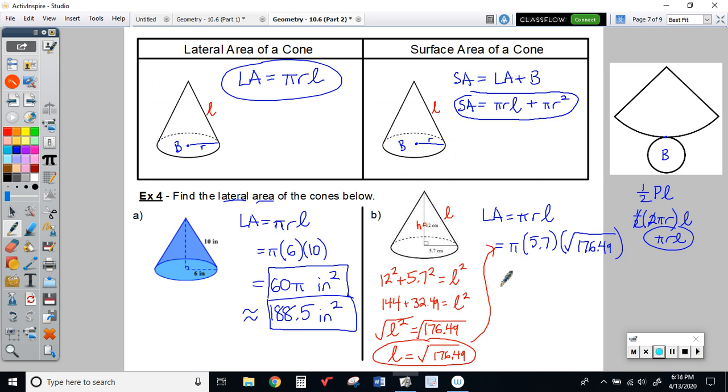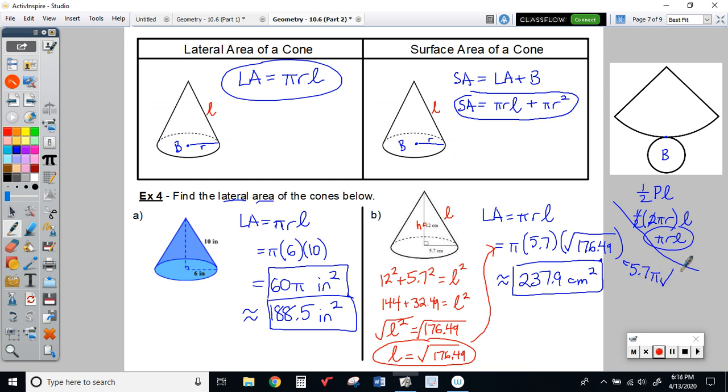And so this would be approximately, in a calculator, pi times 5.7 times that, 237.9 centimeters squared.